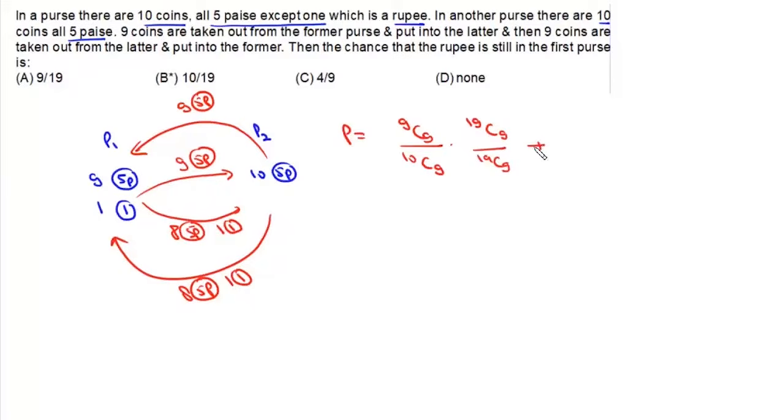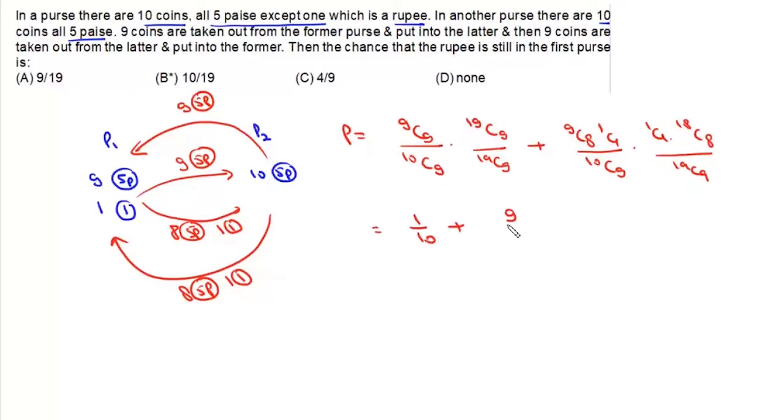Now this plus second case when we have 8 5 paise coins, so it will be 9C8 into 1C1 upon 10C9 into, now from this we have to select 8 5 paise coins and 1 rupee coin. So there will be 1C1 and then we have 18C8 out of 19C9. Now this is 1 by 10.